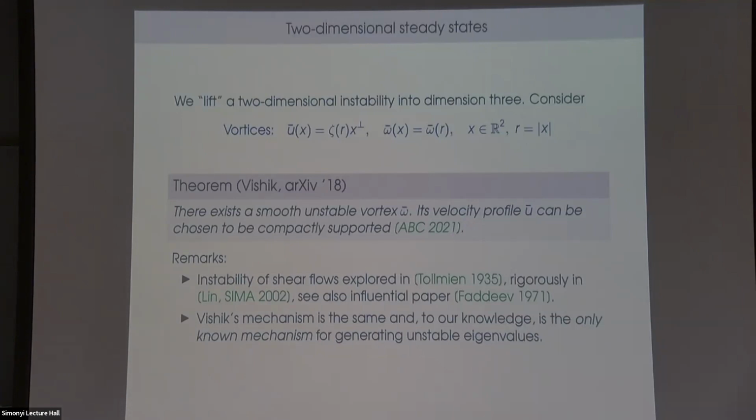He just proved, in colloquial language, there is a smooth, unstable vortex. We also observe that you can truncate this vortex so that its velocity field is compactly supported. You can keep it unstable. So this is one thing you might want to do.